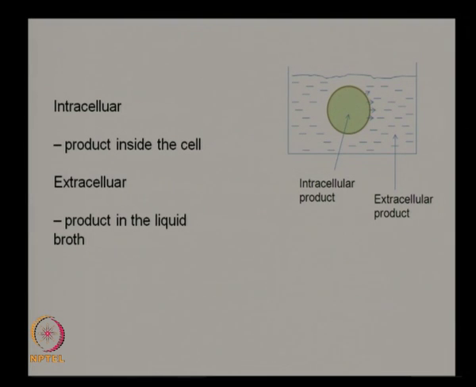If it is a liquid product you are interested in, then they are extracellular, that then you can take the liquid medium and then recover your product actually. So ideally you would like to have extracellular product rather than intracellular product, because as I said, the number of steps involved are much more in intracellular and the number of steps involved in extracellular are less.